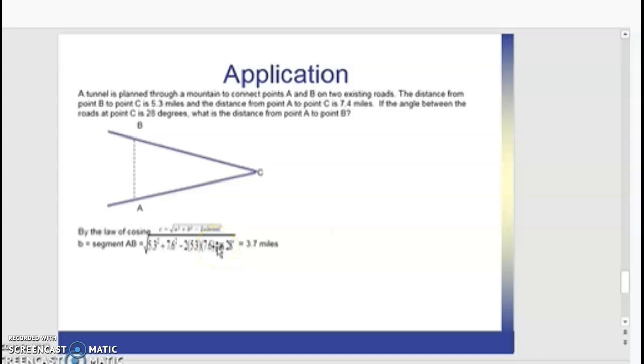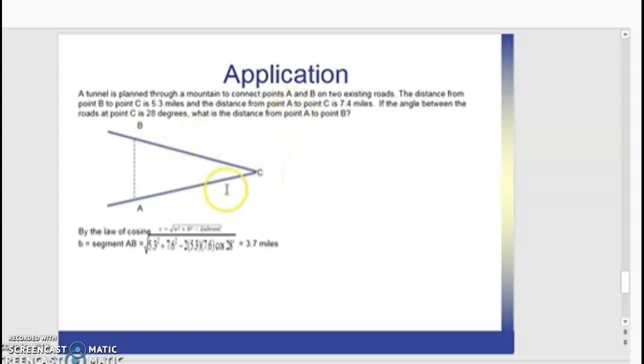Looking at an application problem. A tunnel is planned through a mountain to connect points A and B. So here's the tunnel. On two existing roads, and we see the two existing roads actually making an angle. The distance from point B to point C is 5.3 miles.